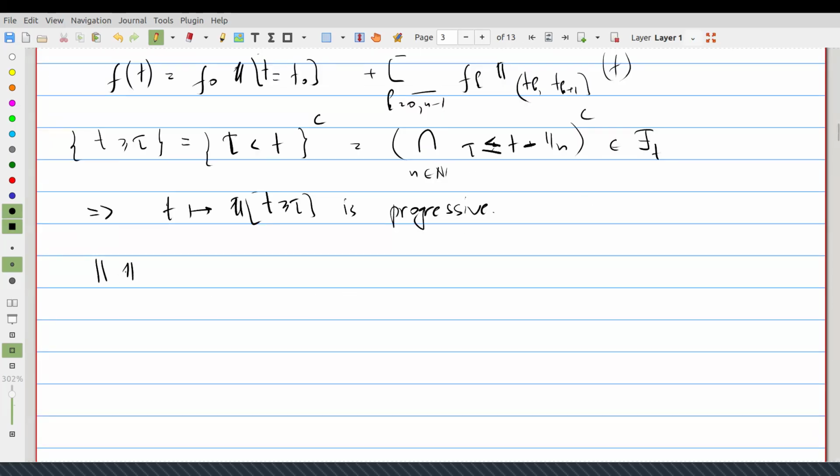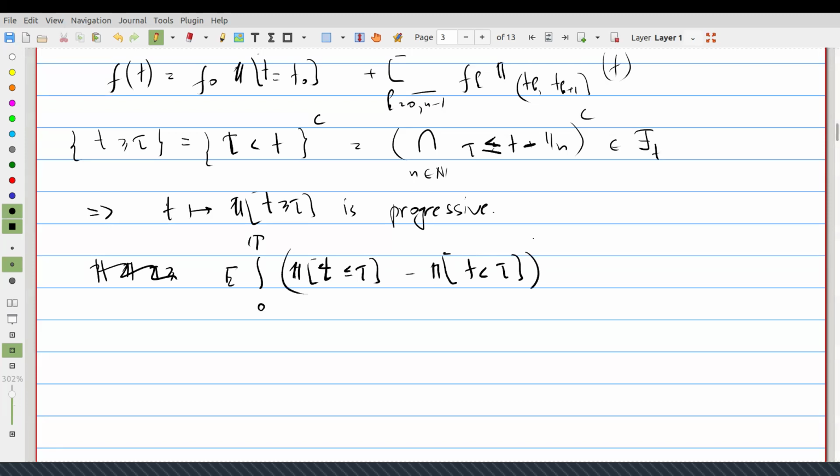And the difference in L2 sense between the two, let me write it in this case, is effectively the mathematical expectation of the integral from 0 to t of the indicator that tau just equals t, dt, and this is 0.